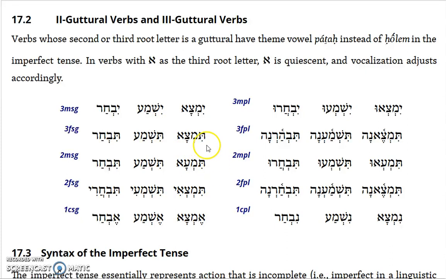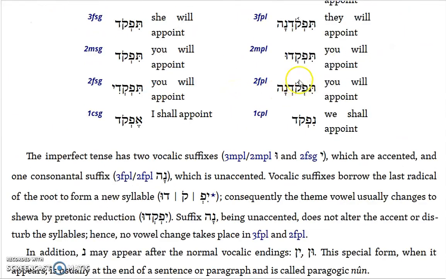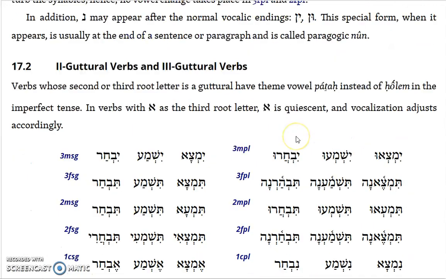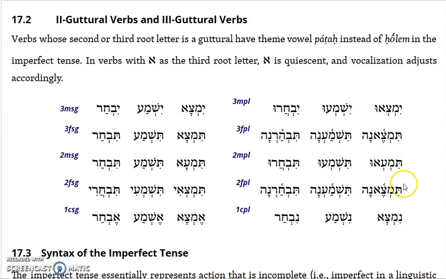That's the major change, but also in the third feminine plural and the second feminine plural, you end up with a segol when you get the timtsena, whereas in the strong verb you end up with an o vowel. But because the guttural aleph likes e vowels, it takes the e vowel in this particular case.